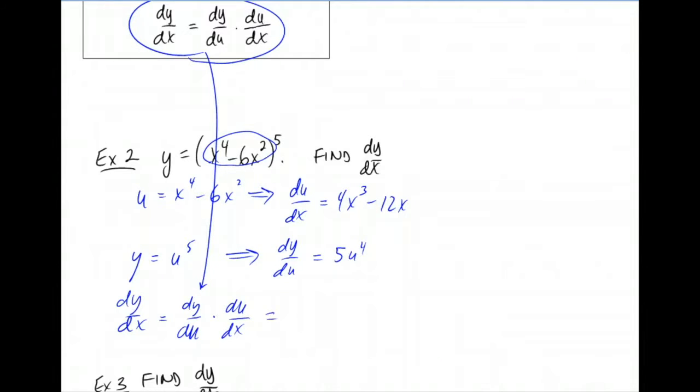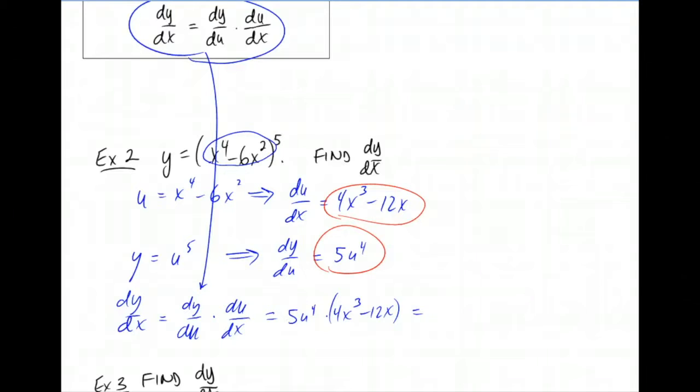Now replacing the pieces, we know that dy/du is 5u to the 4th. We know that du/dx is 4x cubed minus 12x. And then we can substitute back in for u so that we can get the derivative written in terms of one variable.